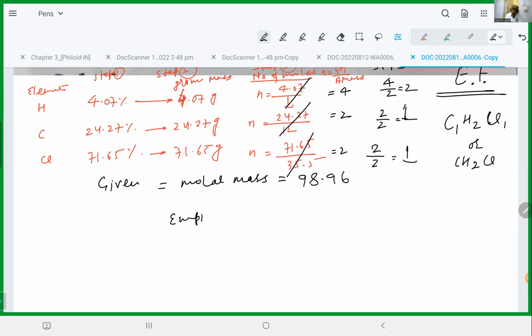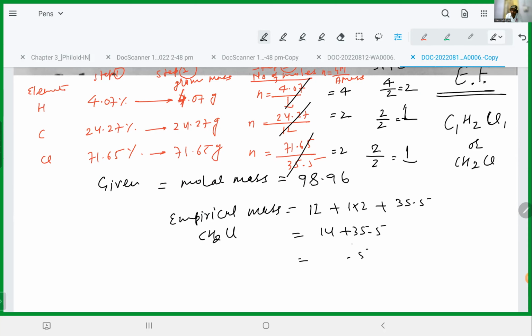The empirical formula is CH2Cl. So carbon 12, 2 hydrogen means 1 into 2, and 1 chlorine is 35.5. 14 plus 35.5 is 49.5. This is the empirical mass.